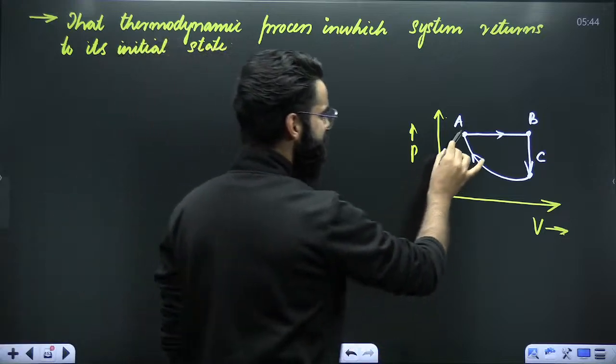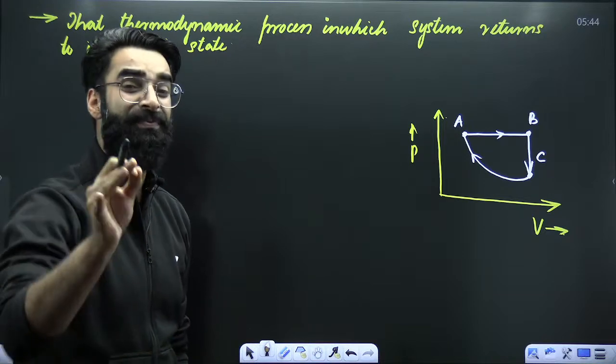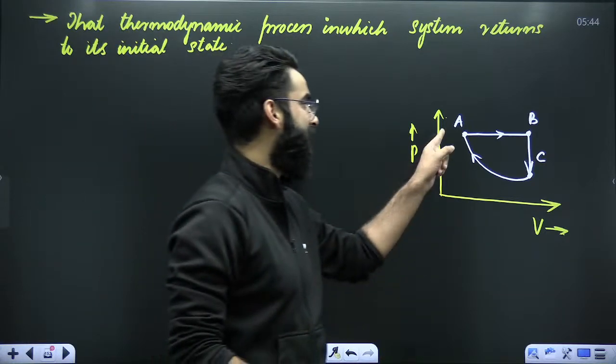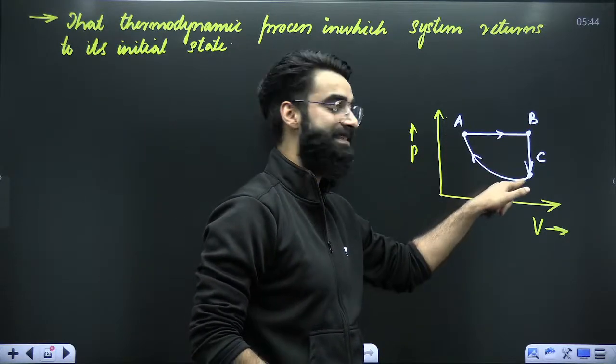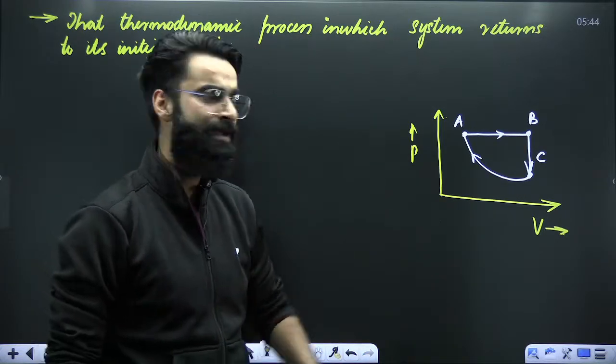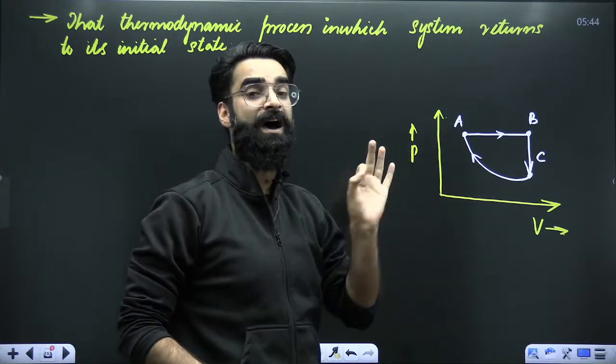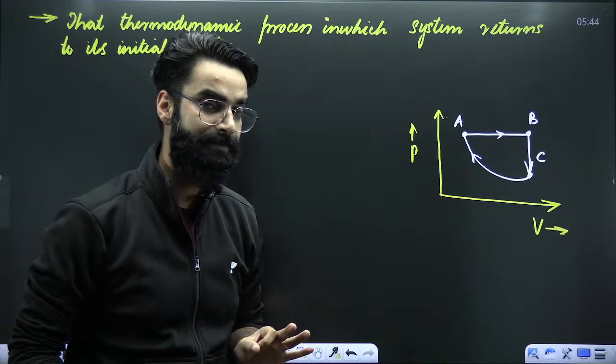The system is returning to its initial state after going through a lot of steps. The first step is the AB step, the second is the BC step, the third is the CA step. So the gas, which is my system, is returning to its initial state after going through a lot of steps.